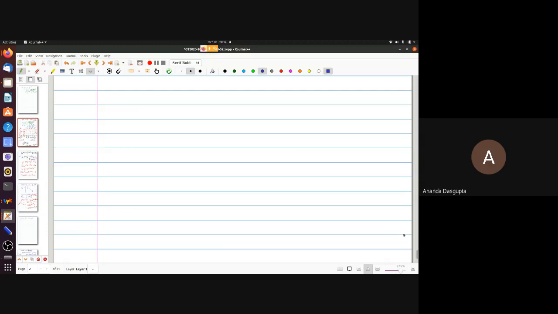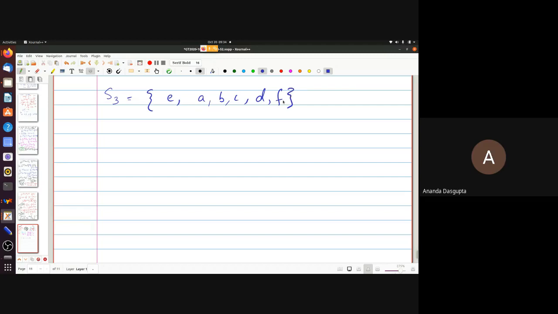So just to remind you what we were doing, we were talking about classes and their products, and we were saying something like this. Let me just give you an example. Our example group S3, which had these elements E, A, B, C, D, F, turned out to have three classes, right?